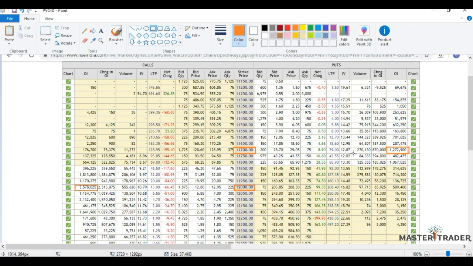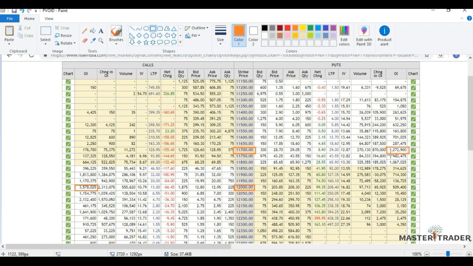So if this is sellers' data, and we see positive open interest here, what does that indicate? If we have positive open interest on the put side, and this data is of writers, of sellers, that means this much interest is there to write put options, to sell put options.